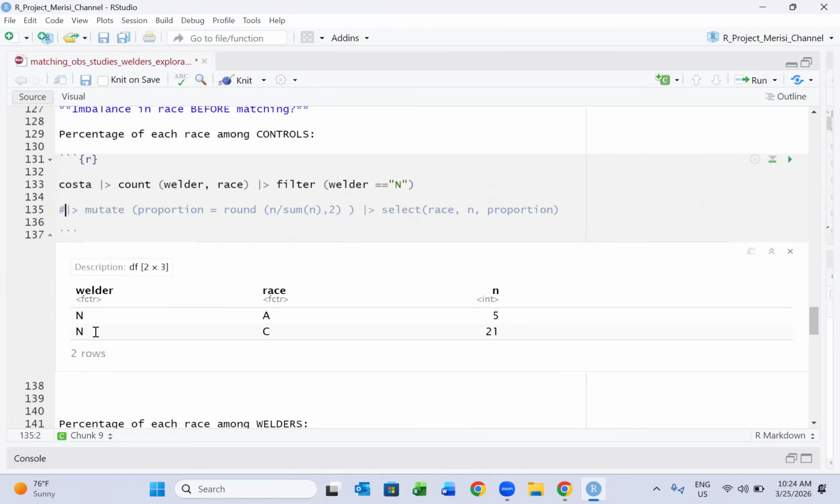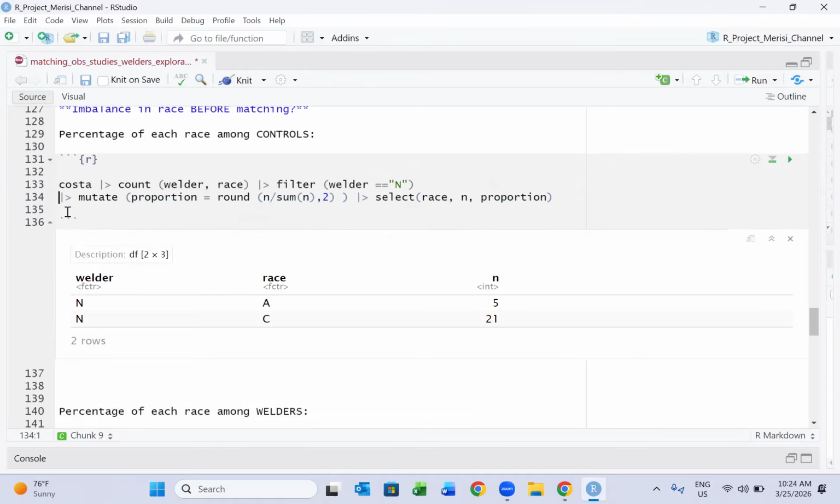That's what I want. But I don't want to see only the counts. I want to see the proportion. So this mutate function will compute the proportion. We'll create a new column, proportion, computing the proportion following that formula, okay? And let's do that.